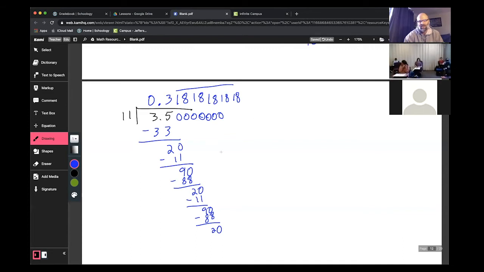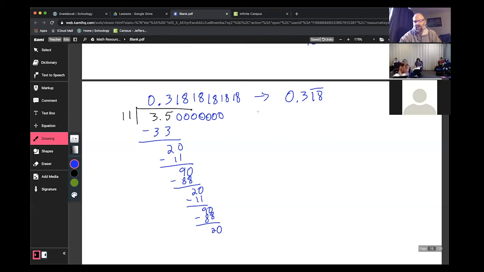So all you're doing is rewriting just the 1, 8. So we're going to rewrite the answer 0.318, and then I'm just going to put the bar above the 1 and the 8. That's it.